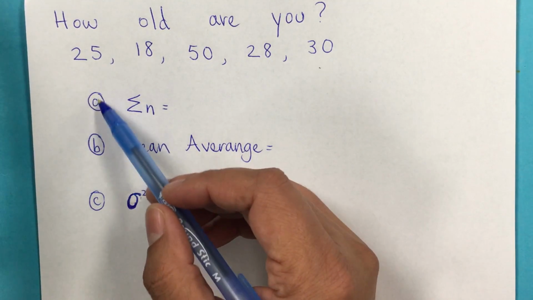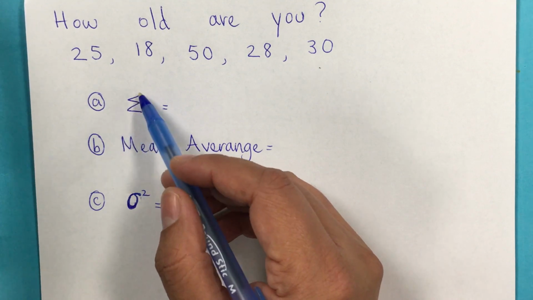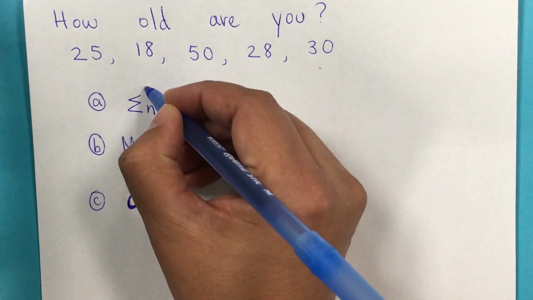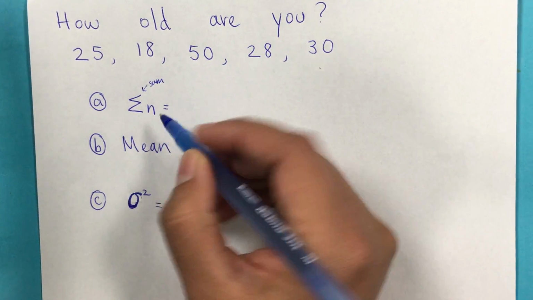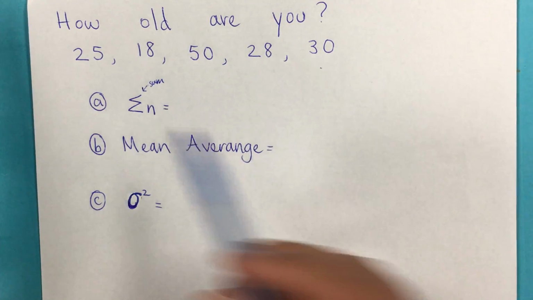The first thing that we're going to find is in here, this is sigma, but it's capital sigma, which represents the sum. This is the sum of all numbers. So basically what we are going to do is just add all the numbers.